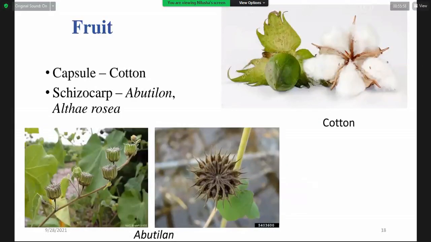Capsule means that inside the fruit there are seeds. The capsule here is a schizocarp. That means the capsule splits into pieces, and each piece encloses one or more seeds, so we call it a schizocarp fruit. An example is Abutilon, for the schizocarp.